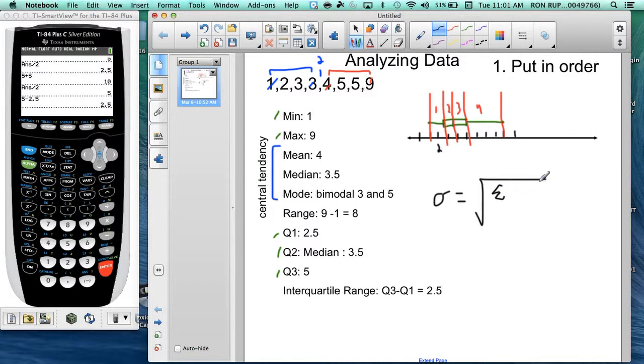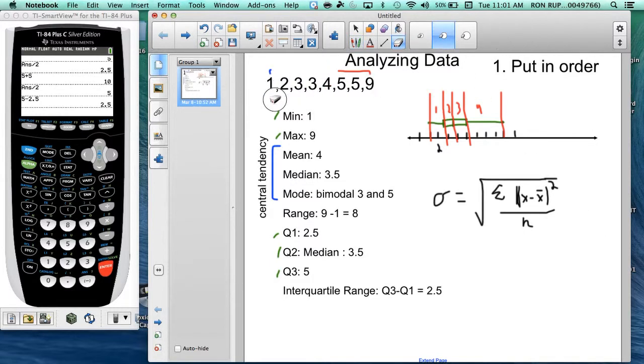It's sigma, x minus x with a little bar over it, and these are parentheses, not absolute value signs, squared, over n. And so I'm not going to make you do it by hand. You'll be able to do this by calculator, but I want to kind of show you how to do it by hand. That way maybe you appreciate what the calculator does.